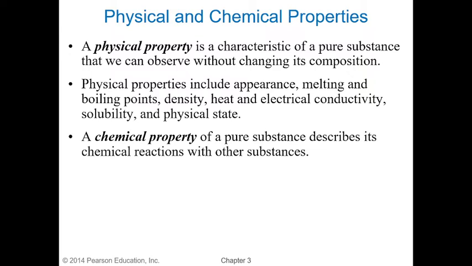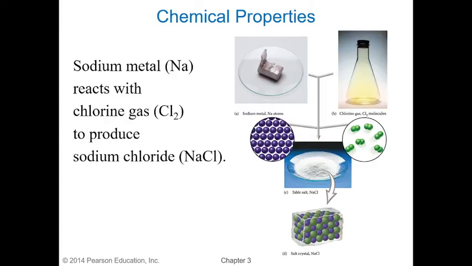But if mayroon na siyang chemical reaction with another substance, then that is a chemical property. For example, yung sodium, magbigay tayo ng example. So, sodium and chlorine. Yung sodium, physical property niya, nakita natin, it's a metal, it's shiny, mukha siyang soft metal.